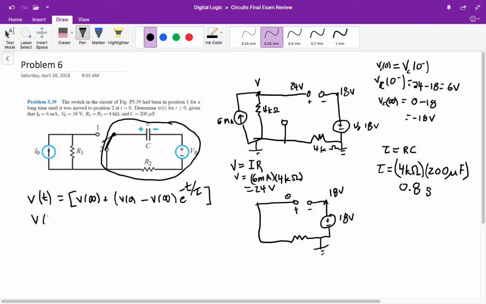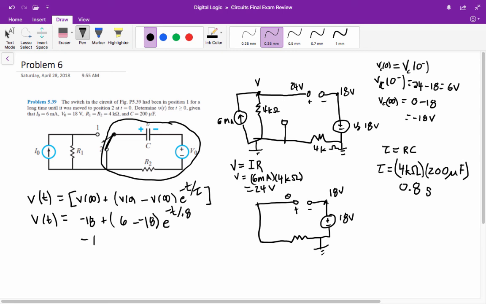So V of t equals V at infinity, which was minus 18, plus V at 0, which was 6, minus negative 18, times e to the minus t over 0.8.